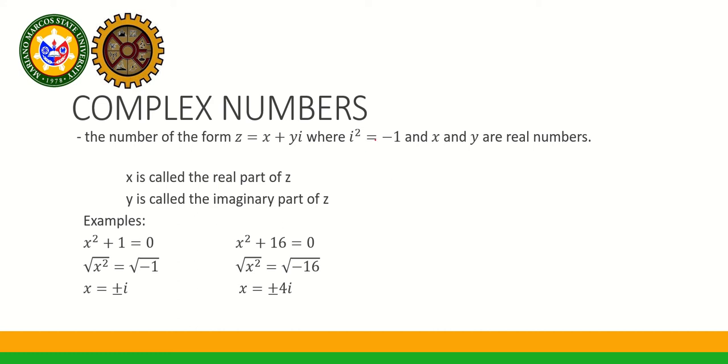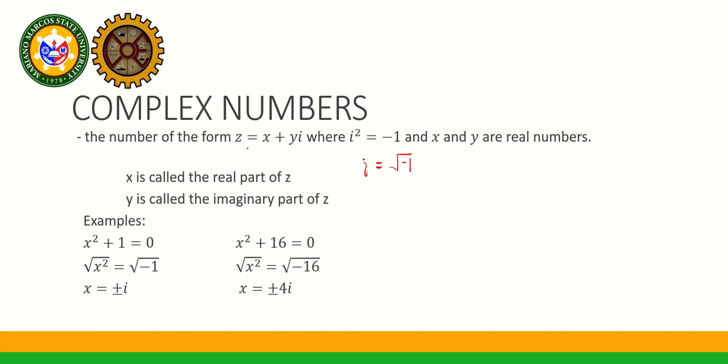So, ibig sabihin, if i squared is equal to -1, therefore, i is equal to the square root of -1. That's why if you try to solve this using your calculators and it shows a syntax error, ibig sabihin meron tayong negative integer doon sa ating square root sign, doon sa ating radical.